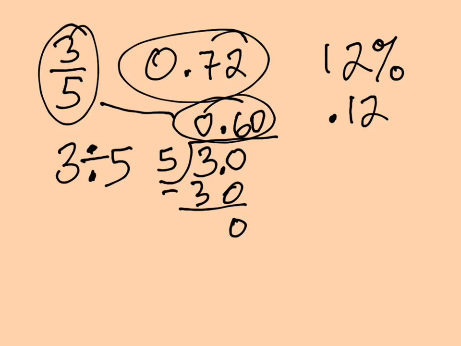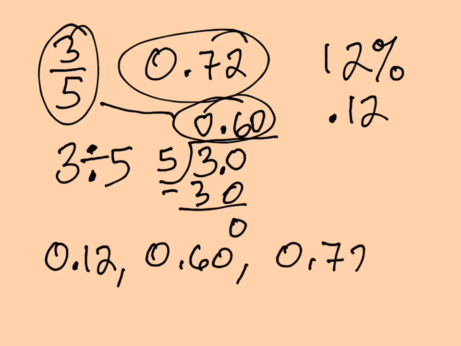So now they all have the same number of decimal places, and you can tell which one comes first really easily because they all have the same number of decimal places. So we're going to say 0.12 comes first, and then 0.60 comes second, and 0.72 comes next. See how easy that is when we make them all decimals and all have the same number of decimal places.